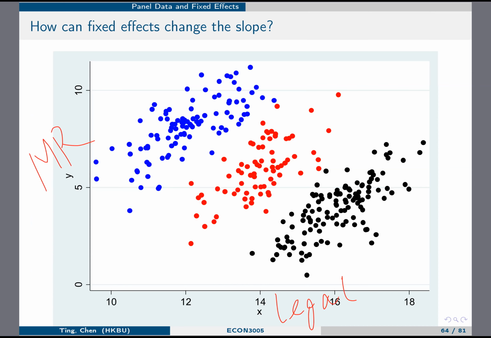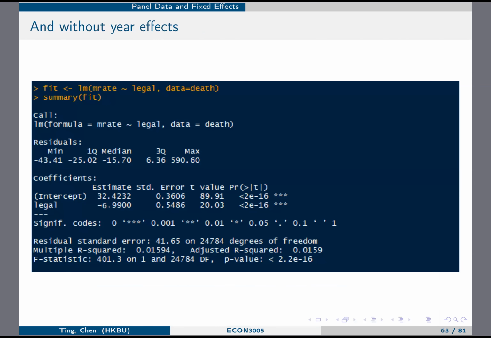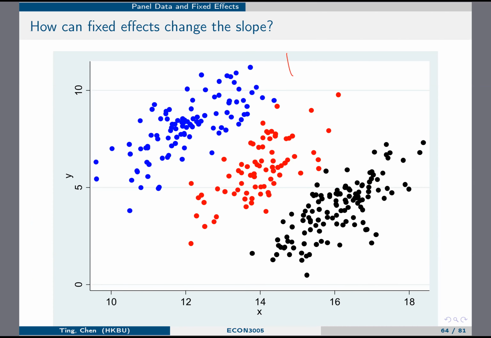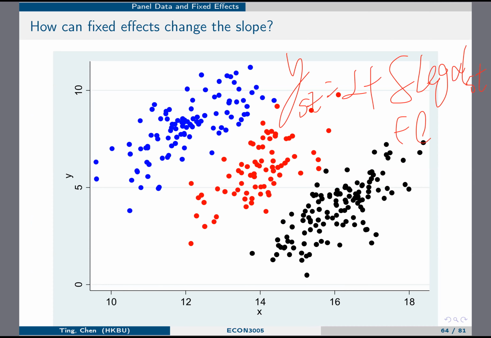And for these points, we fit a regression line without controlling for the fixed effect. We just run a very simple regression like this one: y_st equals alpha plus delta times legal_st plus e_st. So no fixed effect. What kind of outcome will we have?